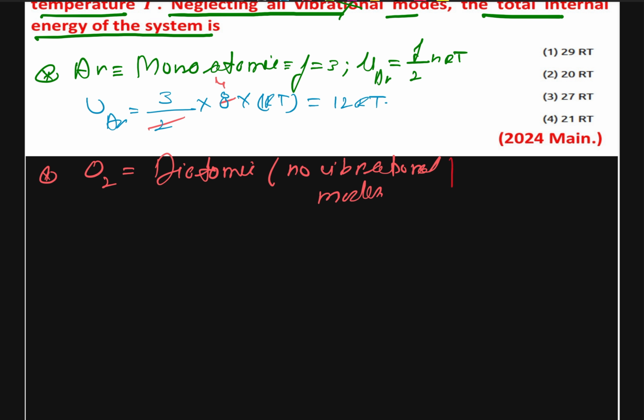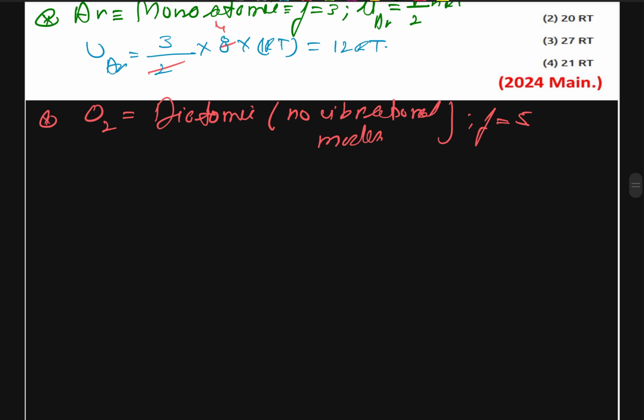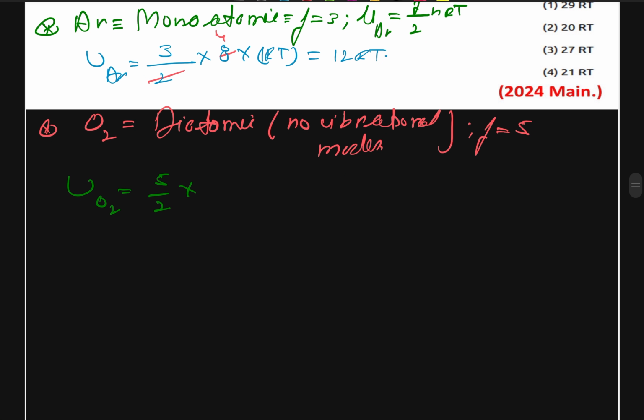So therefore we can say value of F is equal to 5. Therefore we can write that our internal energy for our oxygen will be equal to 5 by 2, number of moles are given as 6 times our RT, and this goes by 3, so we get from here 15 times RT.